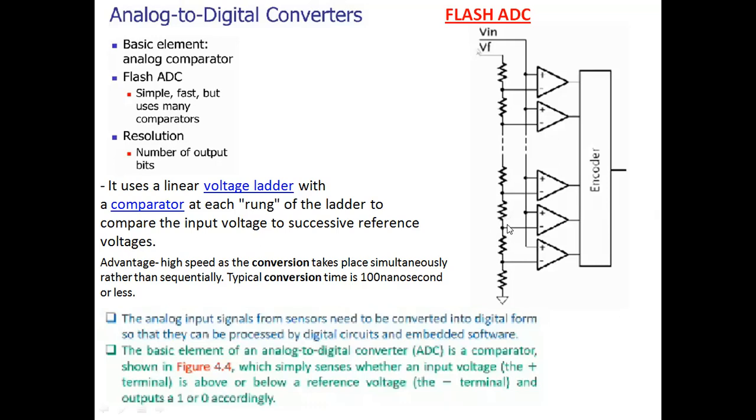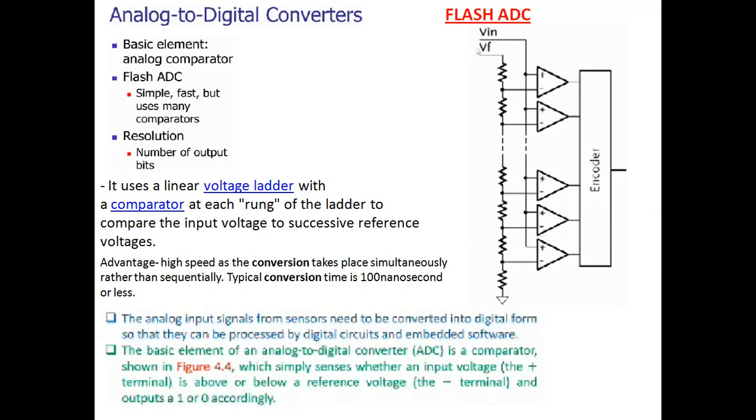Based upon the resistor value used here, you have some amount of voltage applied to the inverting terminal. So here this 3 volts may be greater than the resistor tapping voltage. Therefore, based on the resistor values we have used, all the comparators will give us different values.